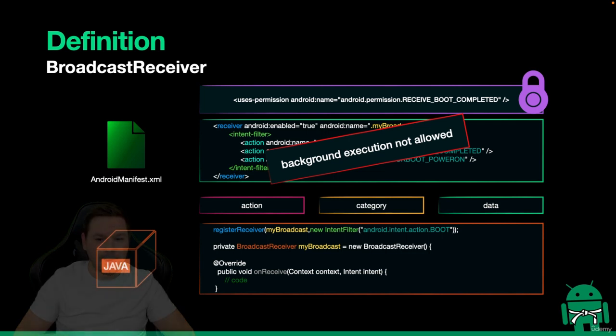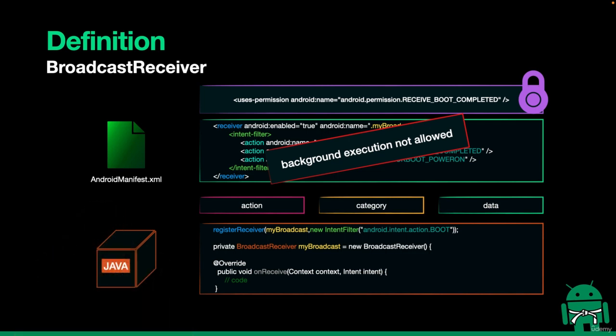Alrighty? Okay, so now we know how to identify the broadcast receivers for a given application. We need to take a look into the Android manifest XML or within the Java code directly to see which actions have been defined, so to which actions this application is listening. Now the question is, how can we exploit them? And the answer is, it depends.